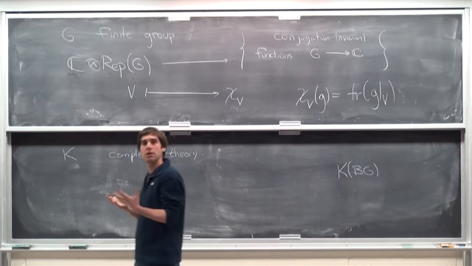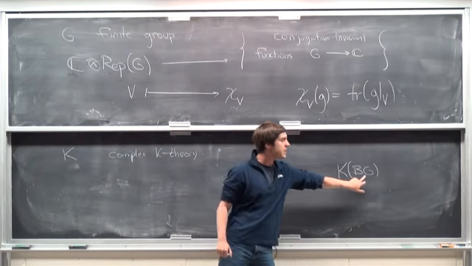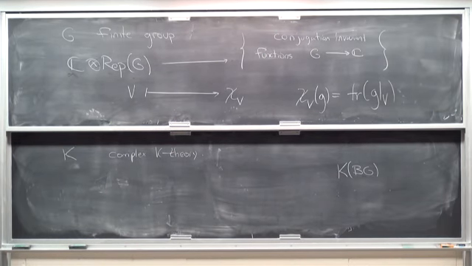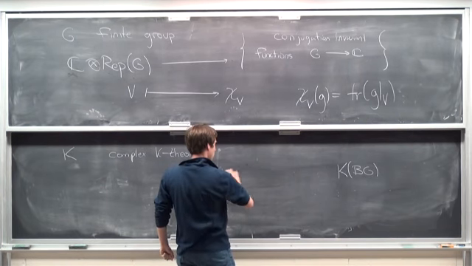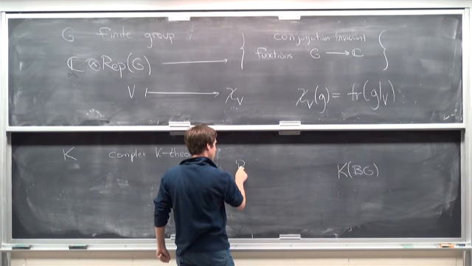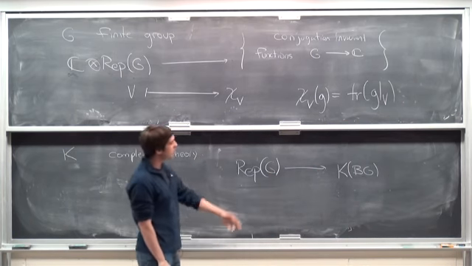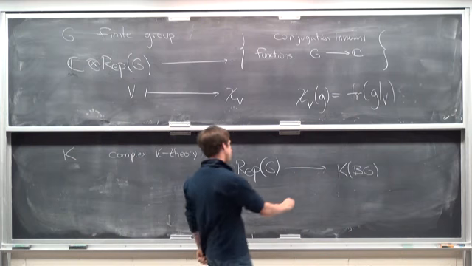A representation of G is just a local system on the classifying space BG. Any local system you can regard as a vector bundle, with some notion of flat sections. But this defines a map from the representation ring of G to the K-theory of BG. And this map is almost an isomorphism.